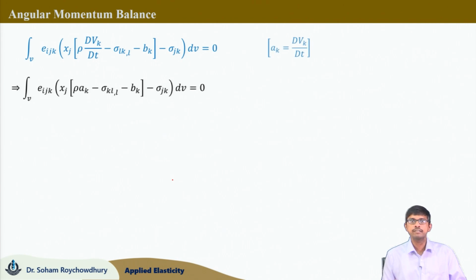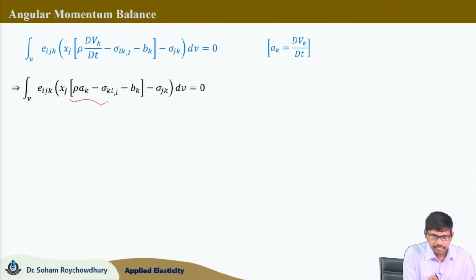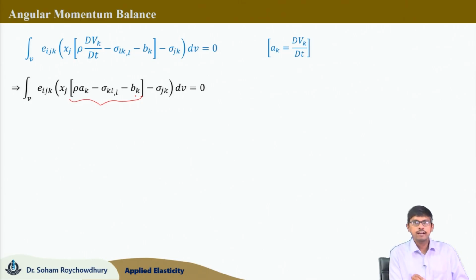Now, once again starting from this and writing dv_k/dt as a_k, the acceleration component, the first term would become ε_ijk x_j times ρ a_k minus σ_kl comma l minus B_k. This entire thing is multiplied with x_j. After that, we have minus σ_jk integral over dV equals 0.